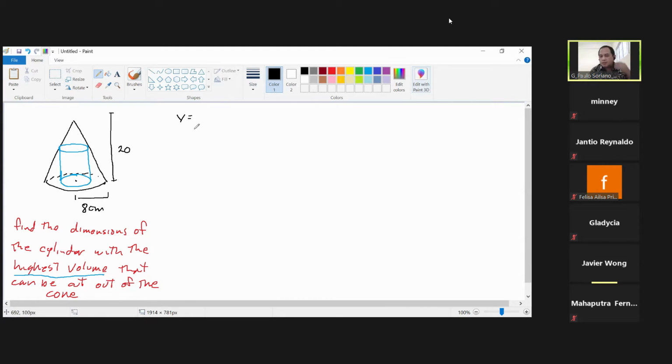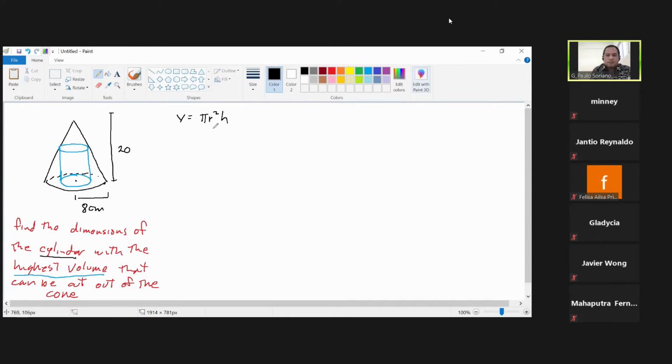The volume, sorry, of the cylinder, because we're looking for the cylinder, right? So pi r squared h. Yeah, pi r squared. So that's pi r squared times h.